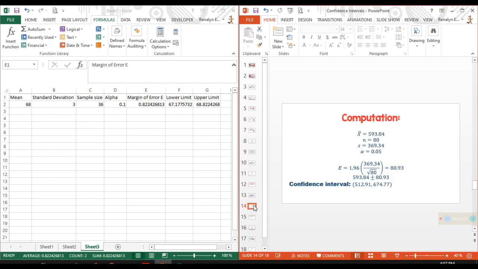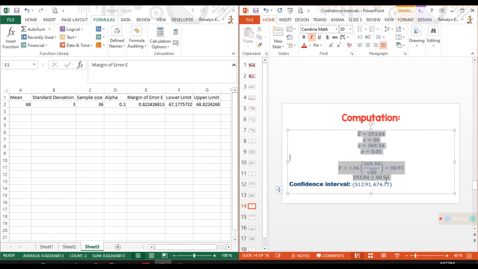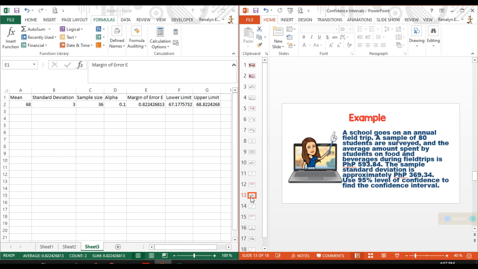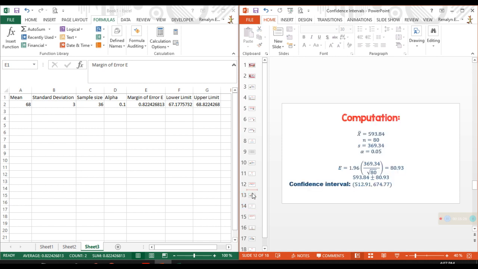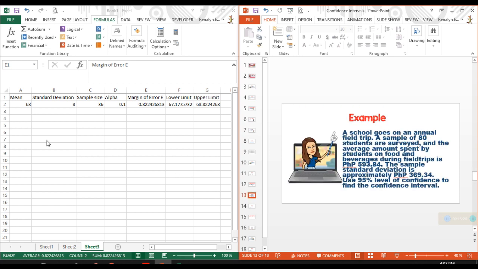Again, on your module, you can find the step-by-step procedure. All you have to do is to plug in the values to the formula and you will end up with the desired confidence interval. But for students who will use Excel, ito yung gagawin natin. Let's plug in the values from our problem.